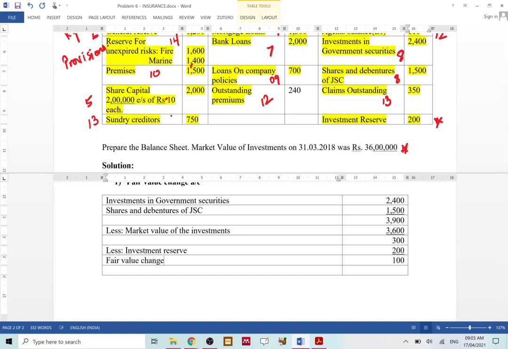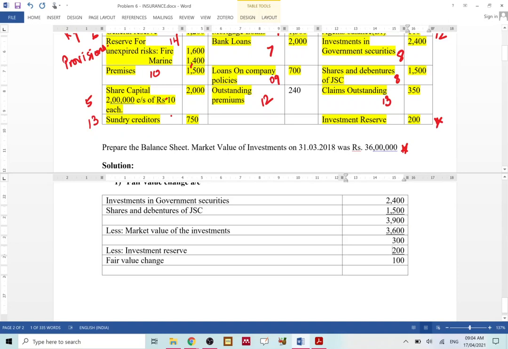So that means the fair value of your investment has changed to this much. Correct? This is the amount of the loss. You have suffered not exactly a loss, but your investment has reduced by 300, isn't it? You thought it was 3,900, but actually in the market it became 3,600. So it reduced by 300,000.